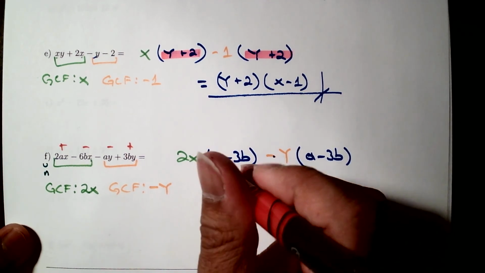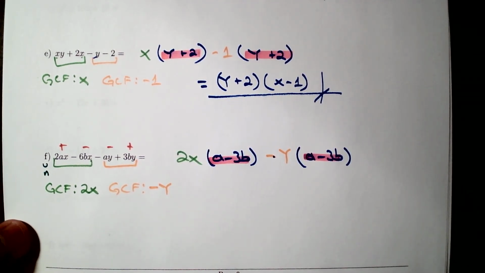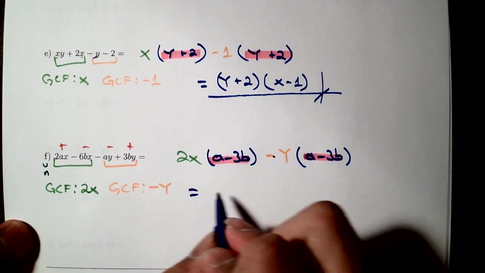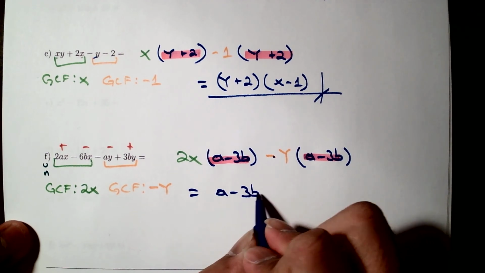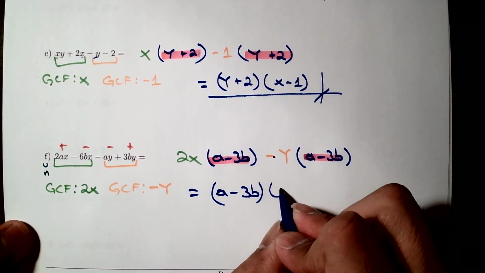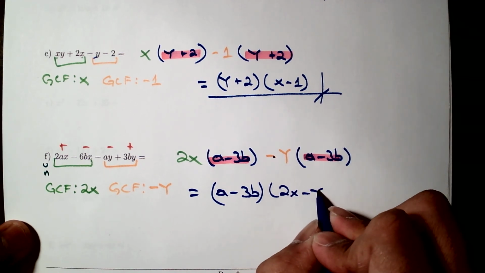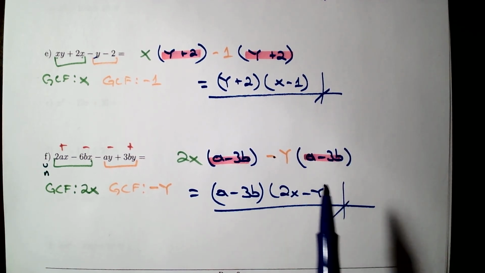And again, notice how we got the same quantity in blue, the ones that I'm highlighting in pink. So that's the overall GCF, a minus 3b, times 2x minus y. Final answer to this.